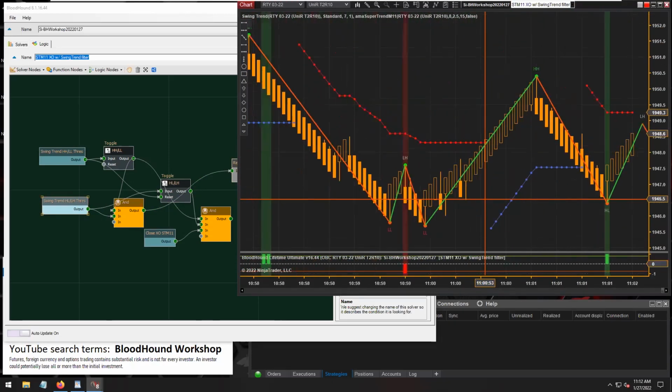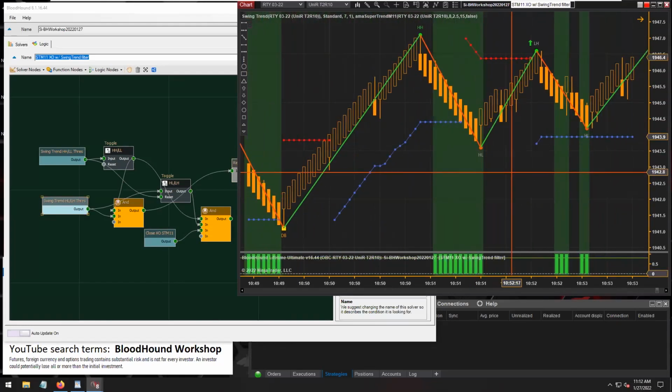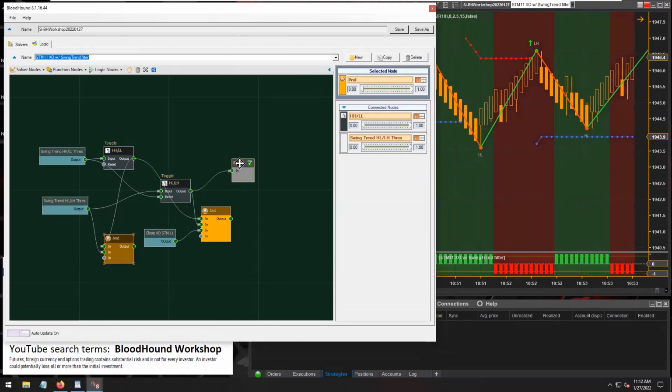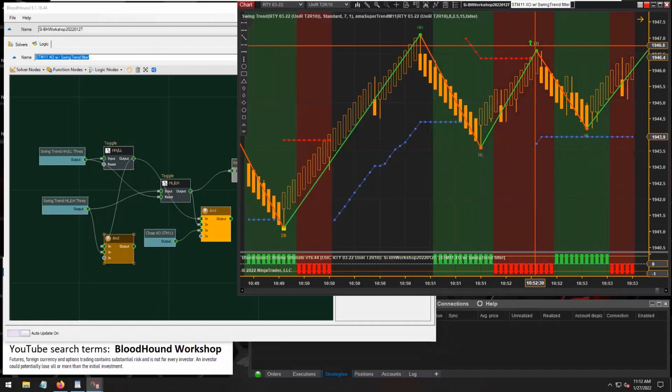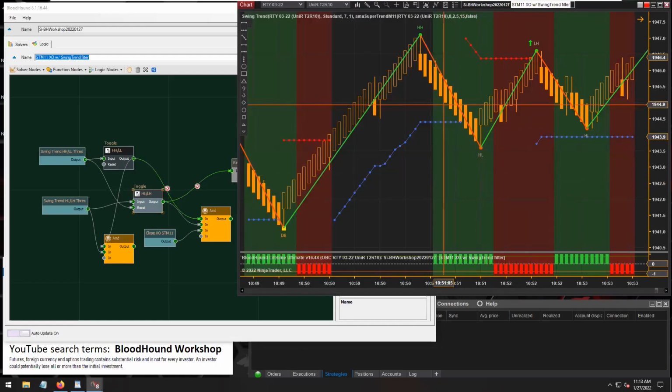Let's see, where was that signal? Oh, there it is. So the reason why we didn't get a signal here is, remember, our toggle node is tracking the higher lows and lower highs.